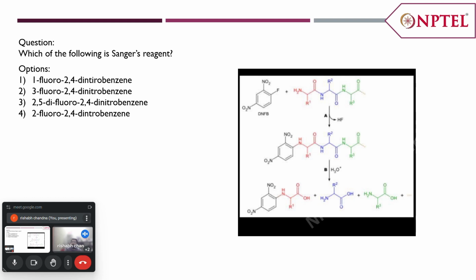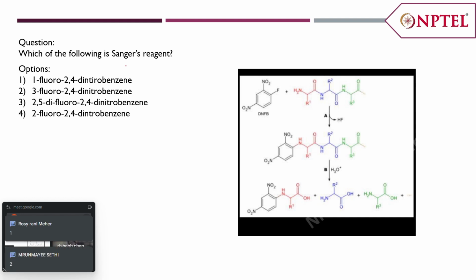Which of the following is Sanger's reagent? What can be the correct answer? Okay, any more answers?